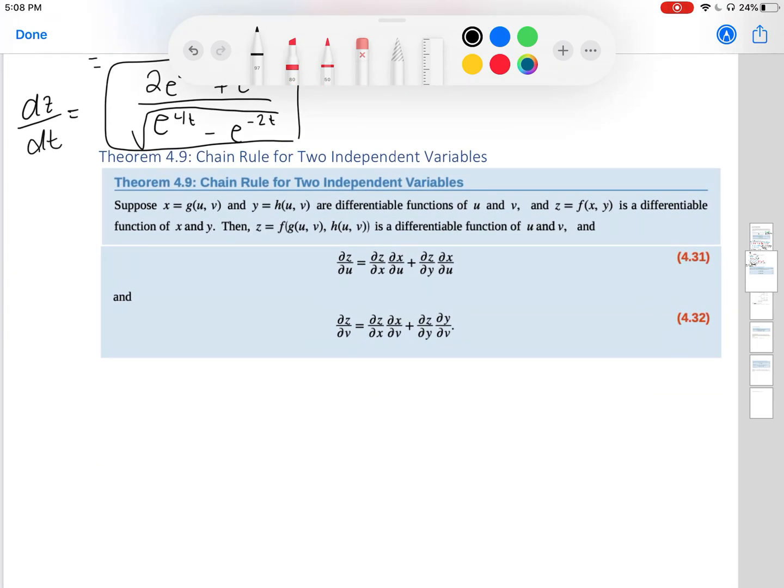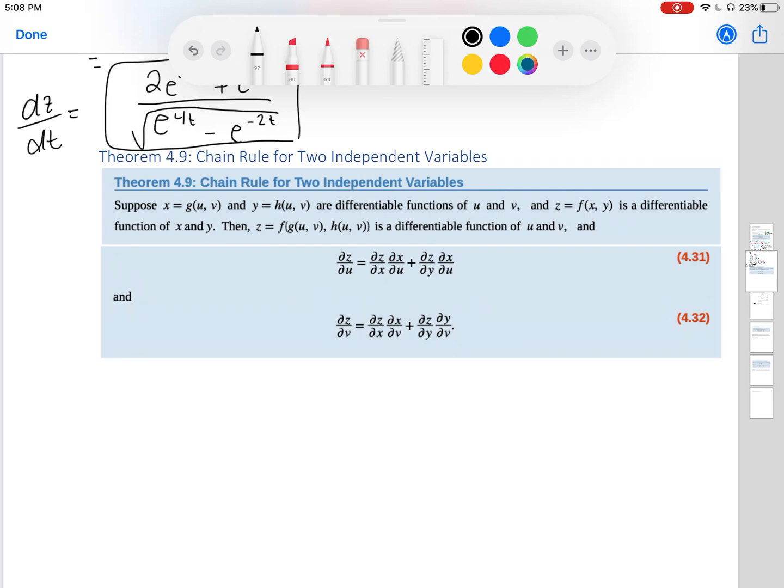Theorem 4.9, chain rule for two independent variables. Suppose x equals g of u, v and y equals h of u comma v are differentiable functions of u and v, and z is equal to f of x comma y is a differentiable function of x and y.